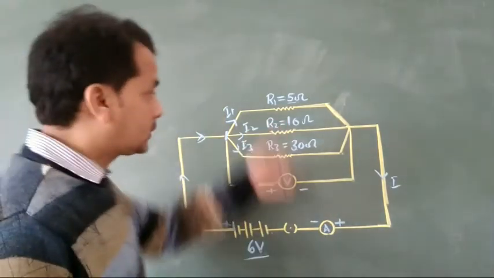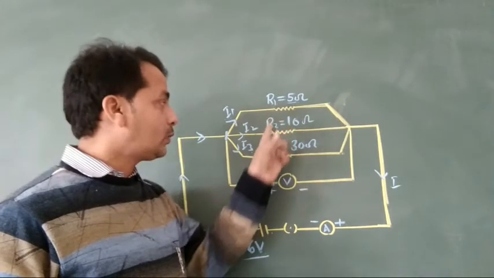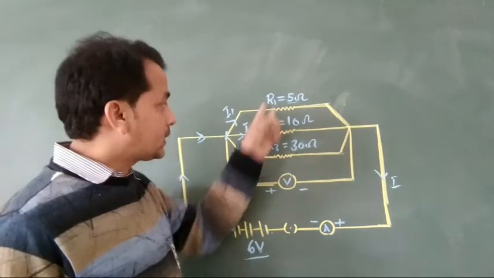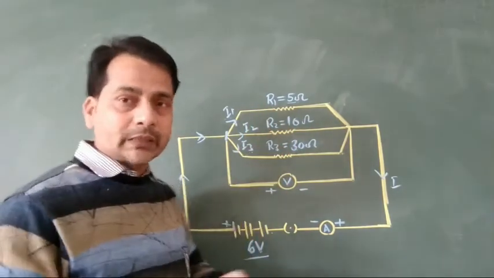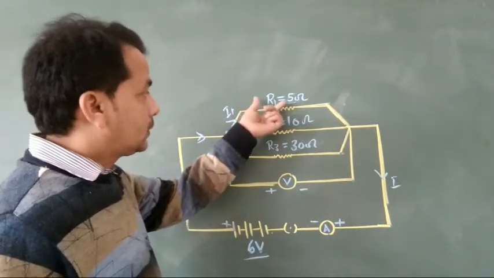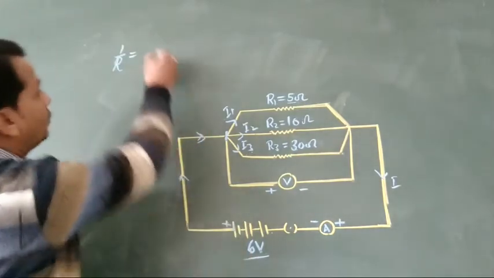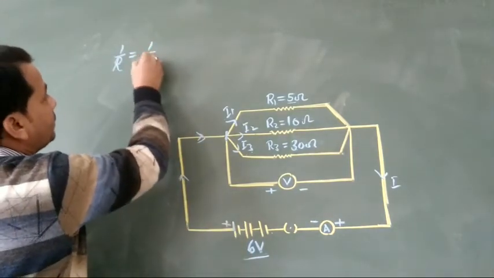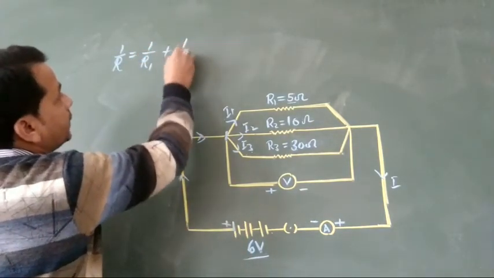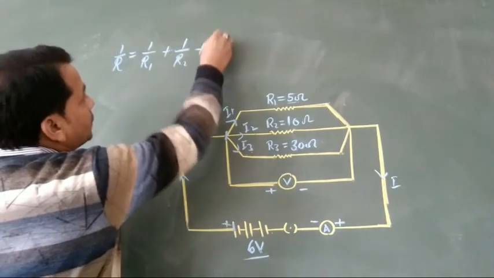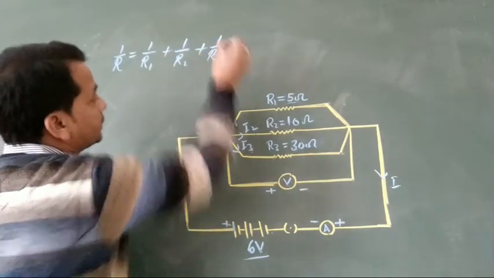Three resistors are used in this circuit, R1, R2 and R3, in parallel combination. So 1 by R equal to 1 by R1 plus 1 by R2 plus 1 by R3.